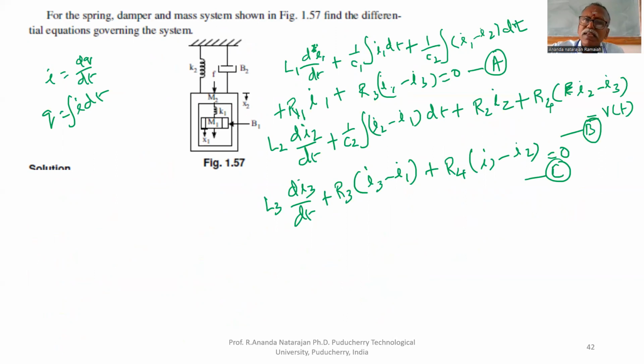You see that in the first equation, I1 minus I2, therefore the first loop and second loop are adjacent. In the same first equation, one more, I1 minus I3, therefore the first loop and third loop are also adjacent.